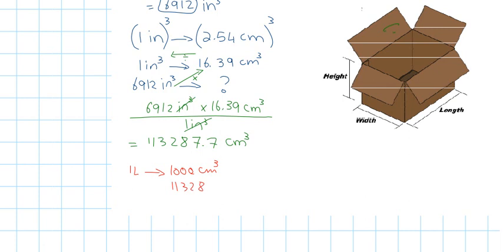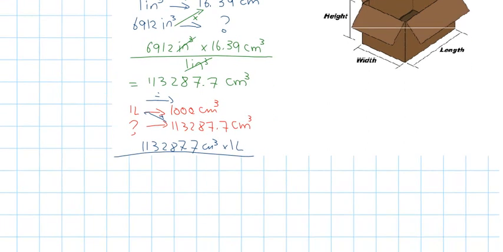And then you do the same thing: cross multiply, divide. That's going to be 113,287.7 centimeter cube times 1 liter all over 1,000 centimeter cube.